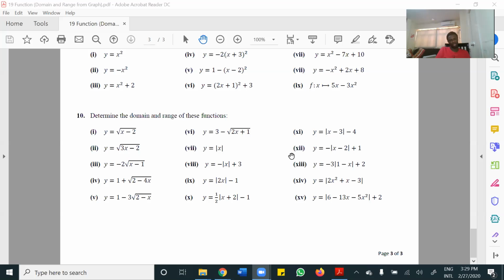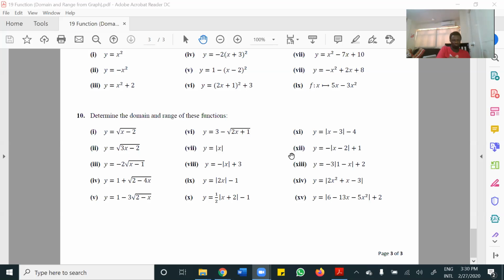Number 2. So the domain is set of real numbers and x is greater than or equal to 2/3. Say it from the beginning. X is not a set of real numbers. X is just a number.